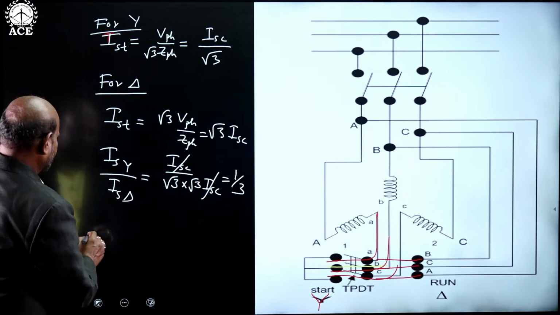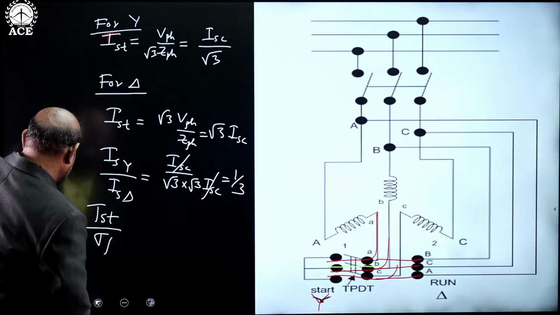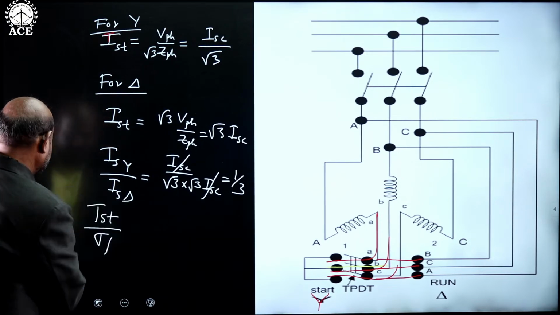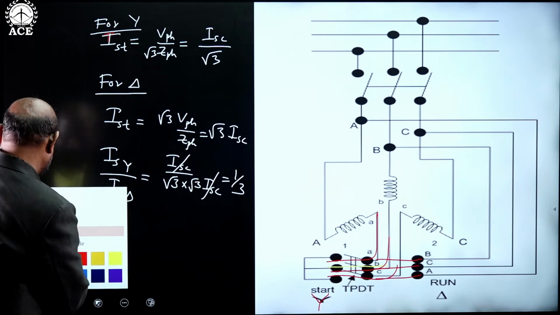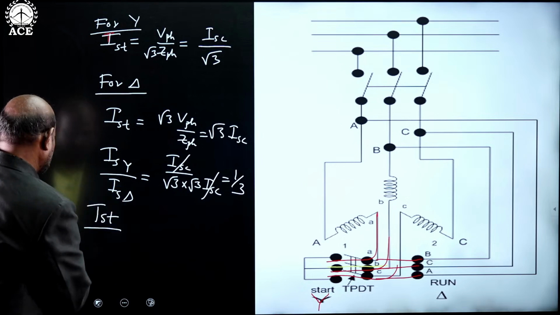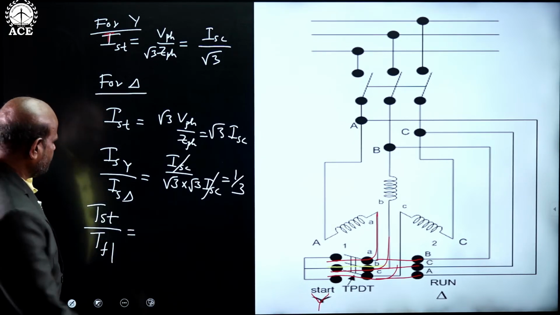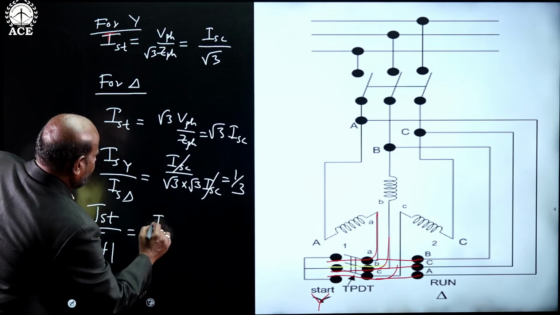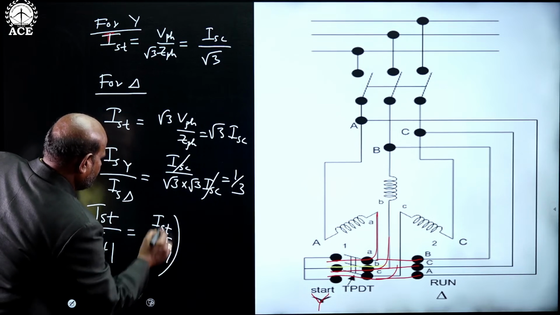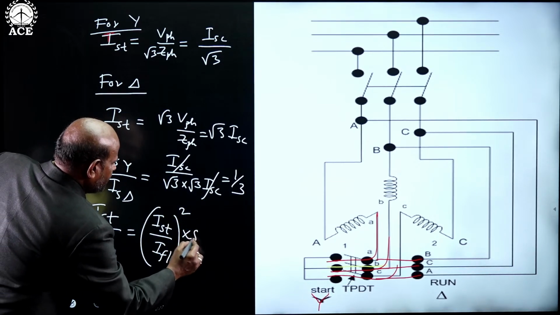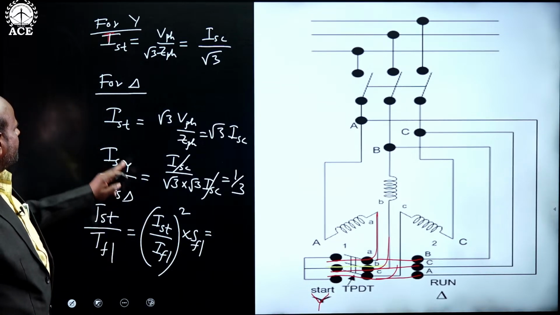So similarly, you can find out the ratio of starting torque to full load torque, which is equal to IST by IFL whole square into SFL, which is equal to TST.